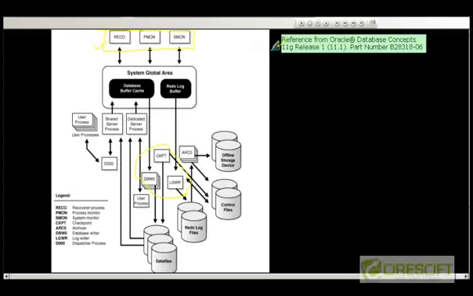The first one is PMON, or process monitor. Process monitor does the following things. One is that it is going to clean up. Let's say somebody is connected to your database with a SQL Plus client, and for whatever reason the connection is broken.